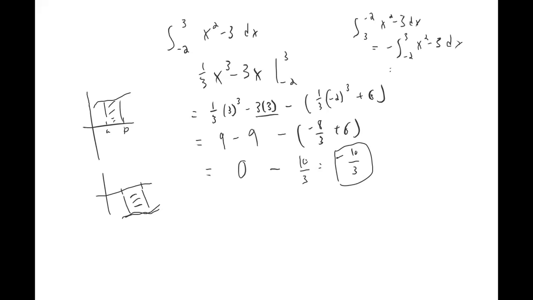So since you know this, we just solved it. It's negative 10 over 3, and this thing's 10 over 3. It's just this rule, b to a.